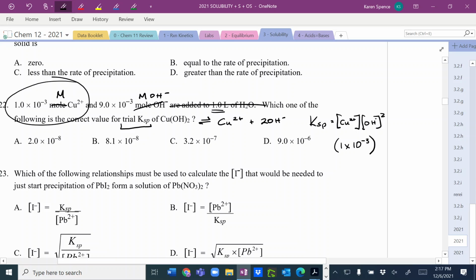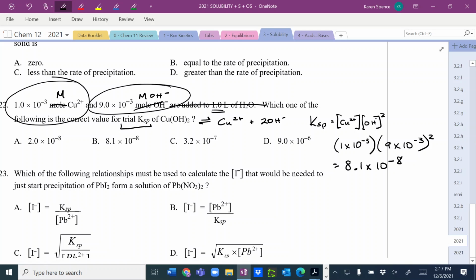And I know the concentration of hydroxide. It is 9 times 10 to the minus 3. And then I'm going to square that. We get 1E-3 times (9E-3) squared equals 8.1 times 10 to the negative 8. Is that good? Okay.